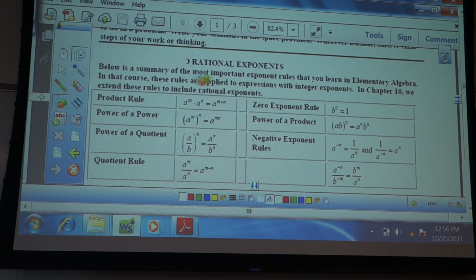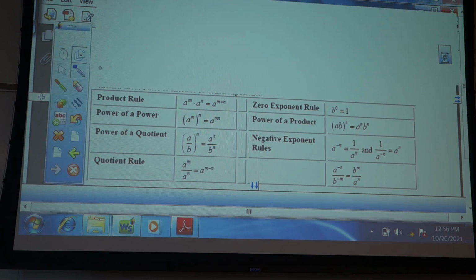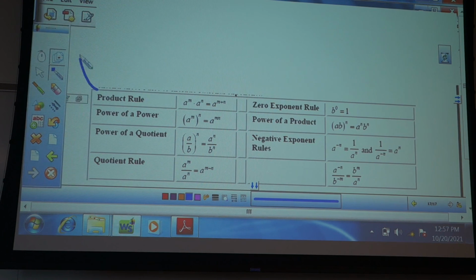Product rule. This one says that if I have a to the m, if I have the same base with exponents, you just add their exponents. So for example, 3 to the 4th times 3 to the 2nd.